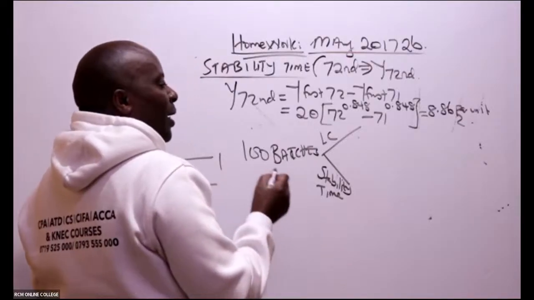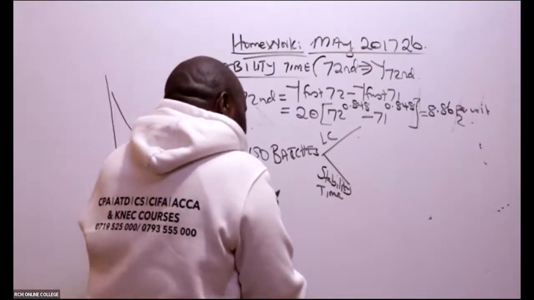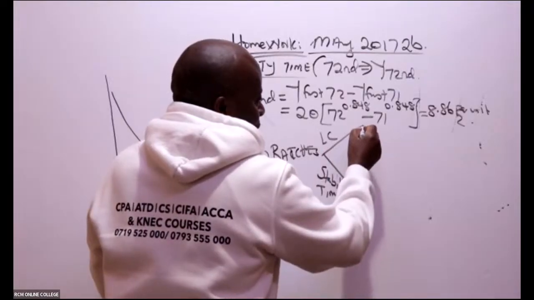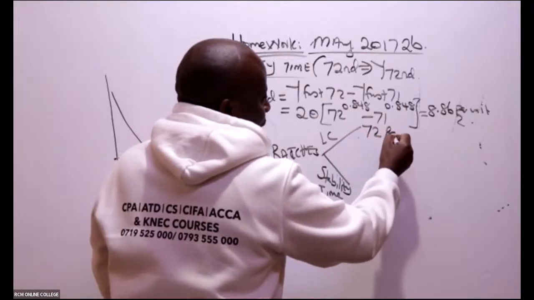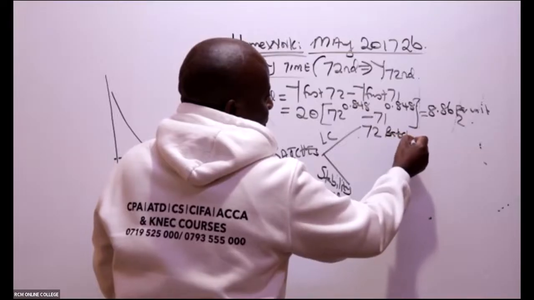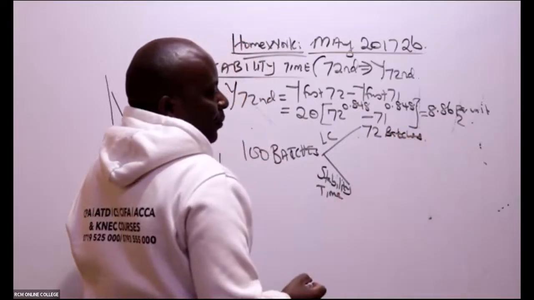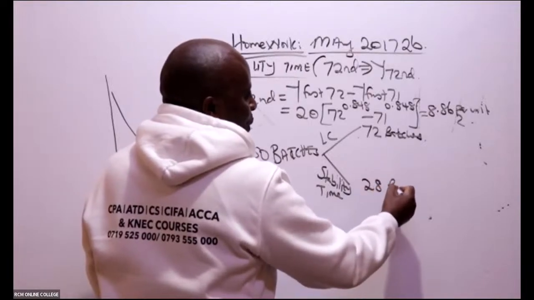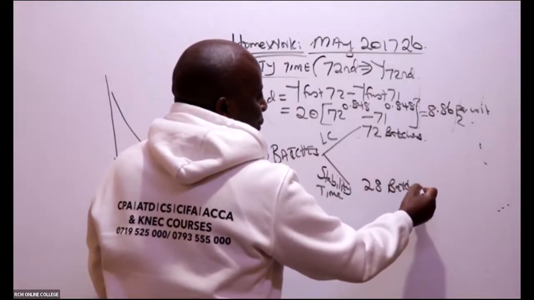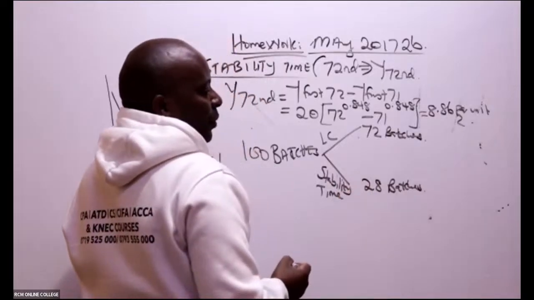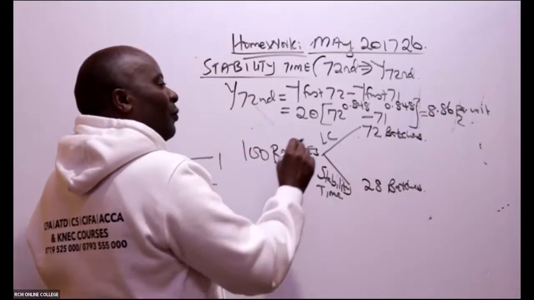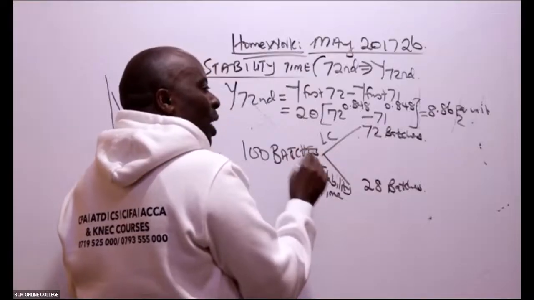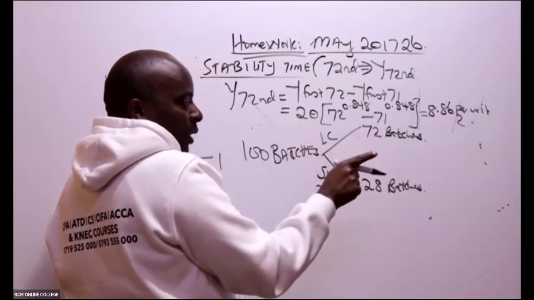The learning curve continues up to unit number 72, so 72 batches. Because there are 100 in total, this will be 28 batches.